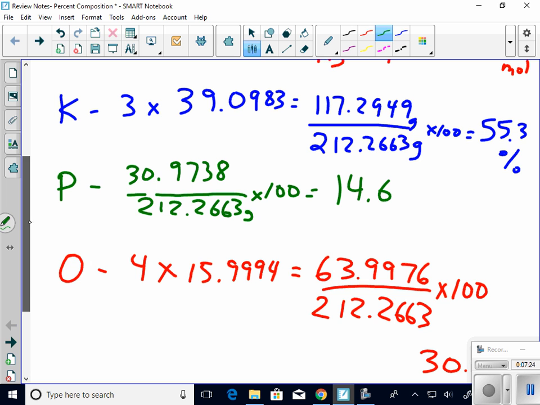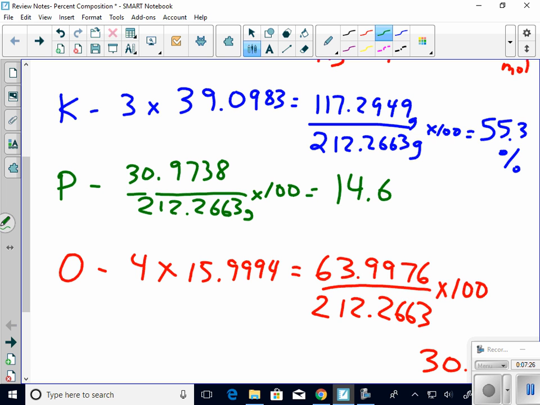Now, do I have to get 100 on the nose? No, because I'm rounding figures, right? So I'm not going to get 100 on the nose every time. This one worked out pretty good. All right. Any questions over this first one?